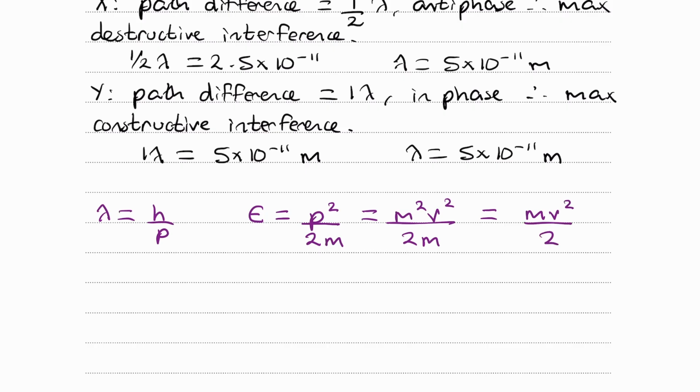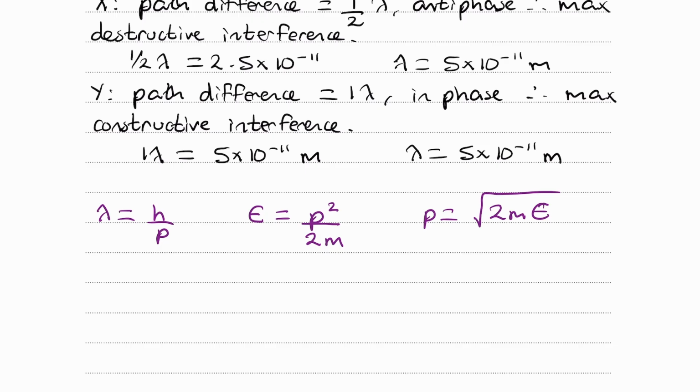That is kinetic energy. Okay, so then we're going to rearrange that kinetic energy equation over here for p. So bring the 2m up here and then square root it. So we'll end up then with p is equal to the square root of 2mE.